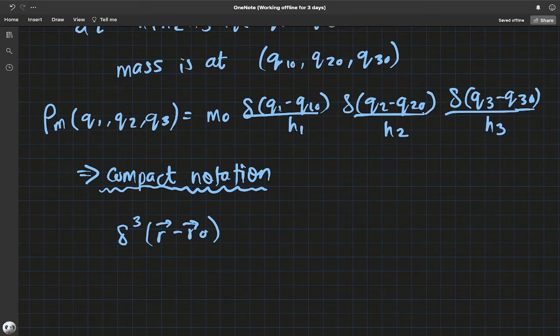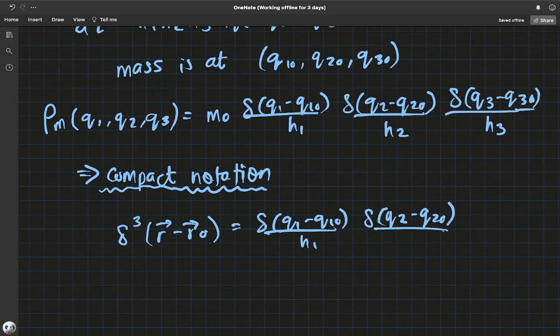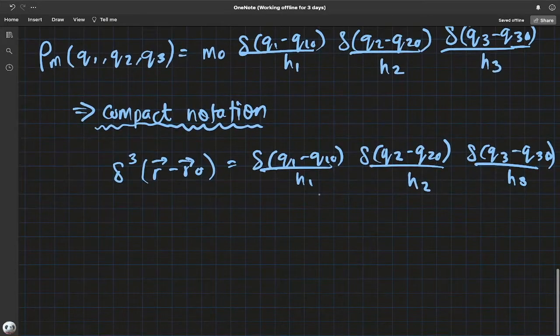Instead of having q1, q2, q3 separate, we are vectoring it up as a position vector, which is basically defined as delta q1 minus q1 naught over h1, delta q2 minus q2 naught over h2, delta q3 minus q3 naught over h3. This is the general curvilinear orthogonal coordinate system.